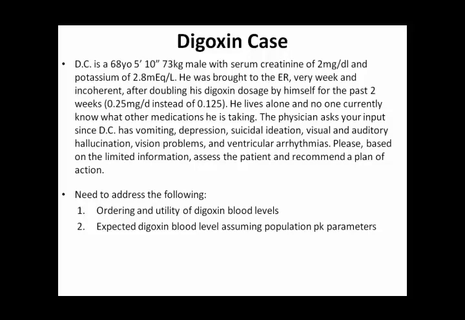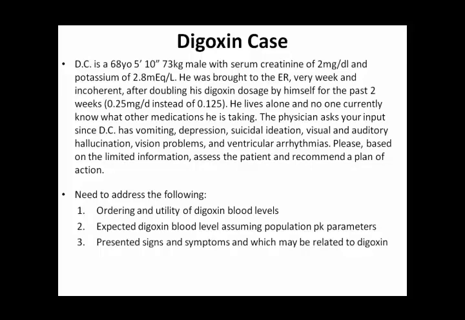You can find out the expected level, because you can find the population clearance in this patient, divide the dose over clearance, and you get the expected level. Of course, you will consider the tau, the units, the bioavailability, F is 0.7 in this case, and so on. So you can do your exercise to say, well, I predict the digoxin level to be X.